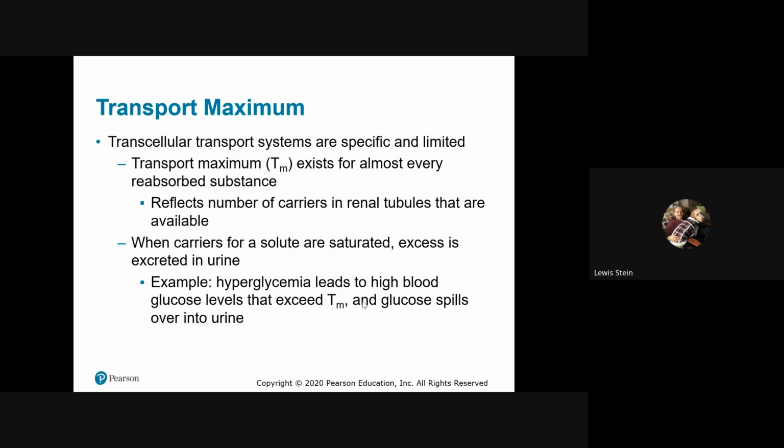Number two, it's altering the ability of those carriers to deal with the sugar. In short, that means, everybody, that those transporters become less effective. So once they get overloaded at 180, and if they're overloaded for, let's say, a month or two at 180, all of a sudden their maximum goes to 170.